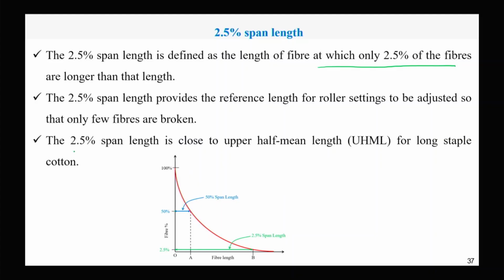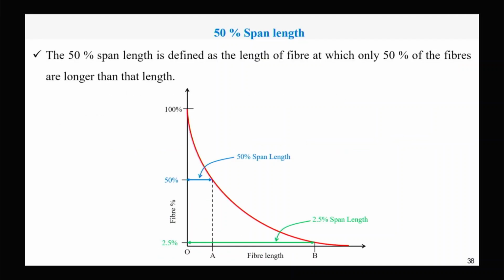And there is some relationship: the 2.5% length is close to the upper half mean length, as we have seen. So if this is 2.5%, and if we draw the tangent from the 50% point, you will see this will be close to the upper half mean length. Okay, and for the 50% span length, only 50% of fibers are longer than that particular length.